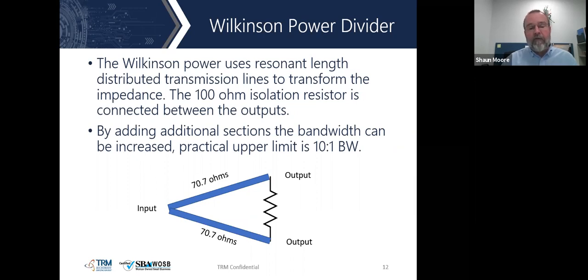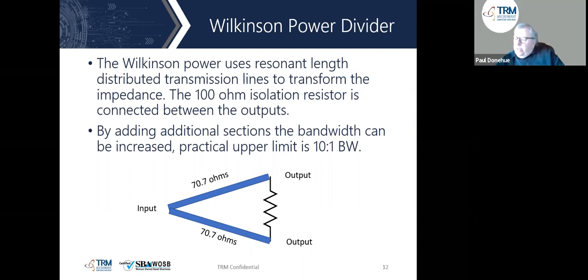The actual math for both these dividers, whether it's stripline or microstrip, is very similar. But it's a very effective way of building a power divider at higher frequencies. And like I say, it's actually one of our more popular lines. This is exemplified by the DMS series of power dividers here at TRM.